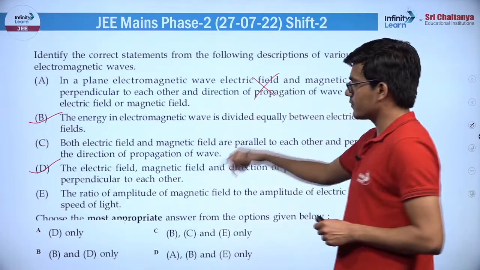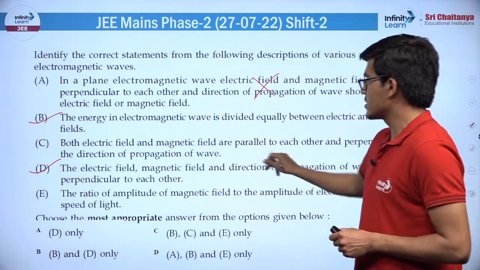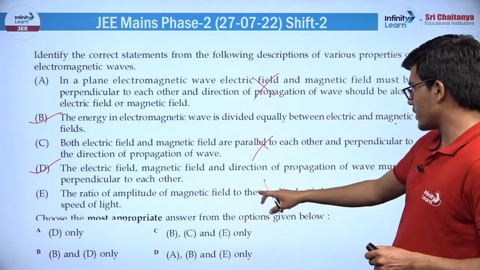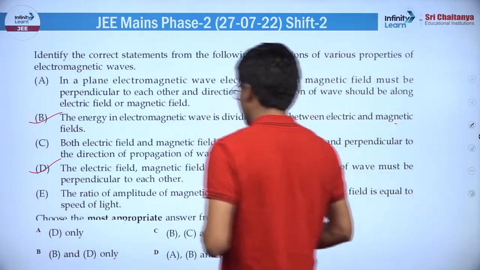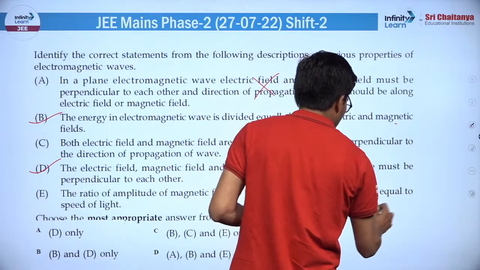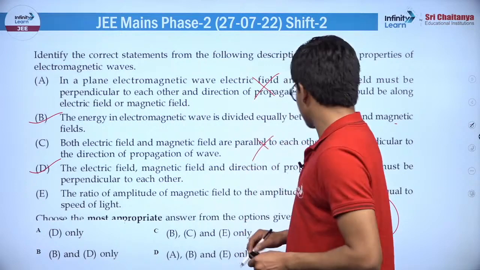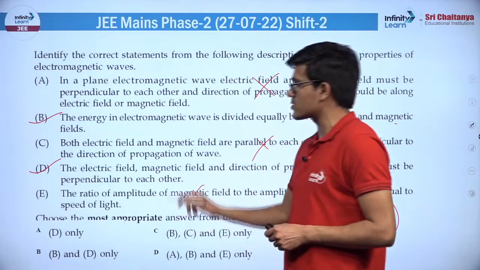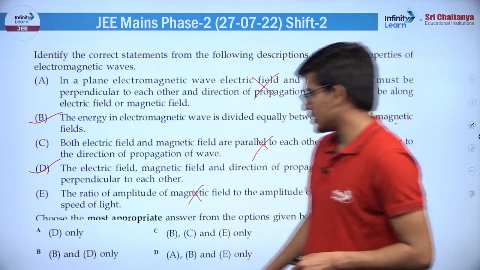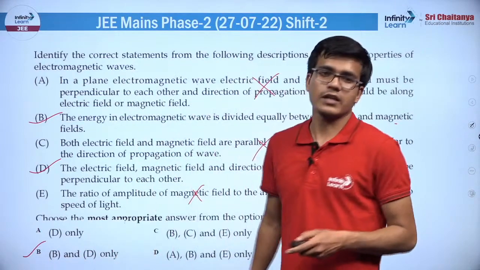First one is wrong. D is right, C is also wrong. The ratio of amplitude of magnetic field to the amplitude of electric field is equal to speed of light. This is actually opposite, right? E by B is given by C, not B by E. So this one is also wrong. So only B and D are right. It means B option is the right answer.